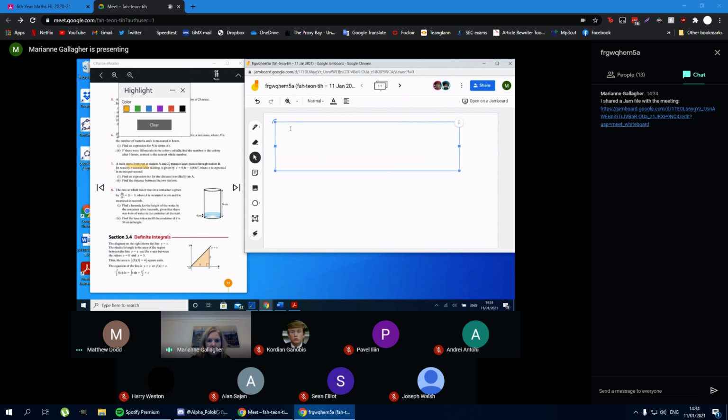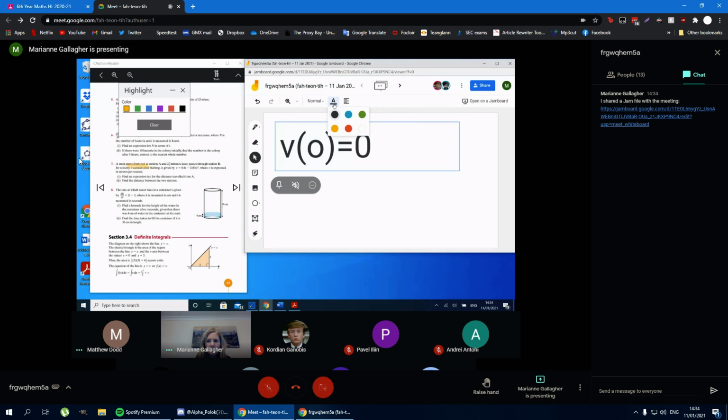So I know v of 0 is equal to 0, okay, because that's my initial condition. V of 0 is equal to 0.